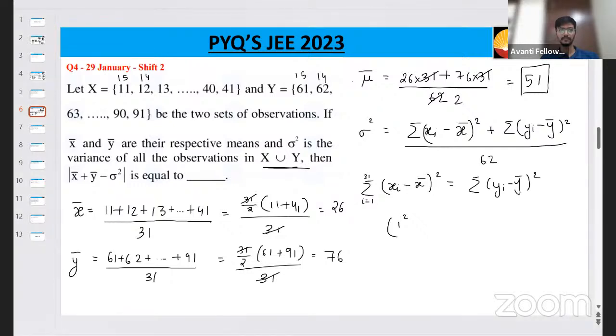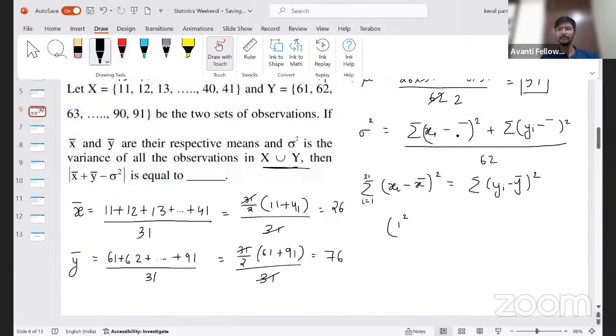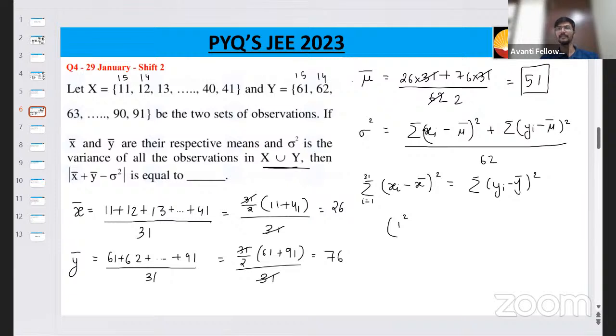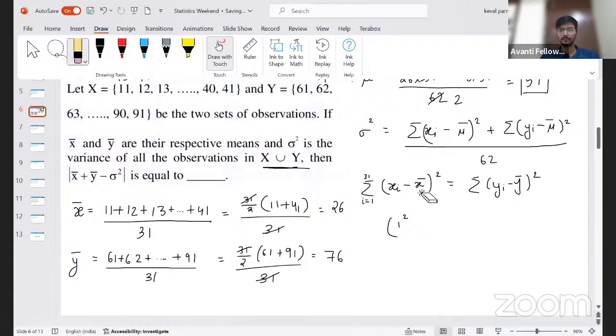Oh, guys, sorry. This should be mu, right? Combined mean it is. So we can write it as mu. Sorry, guys. So to subtract it from 51, this will be mu.